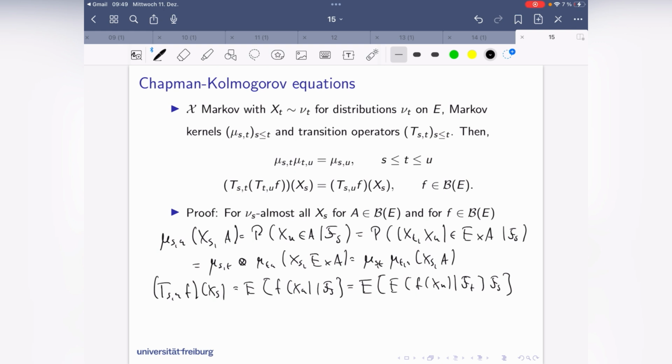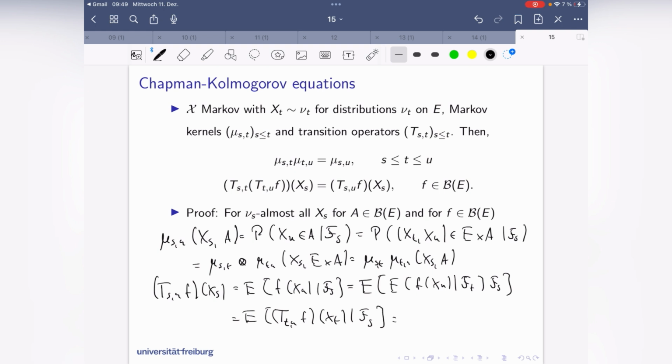And since we are in the Markov setting, conditioning on Ft and on Xt is the same. And this here again can be written using my transition operator T_tu f of Xt, and condition this here on Fs.